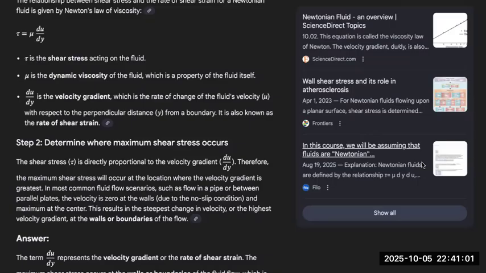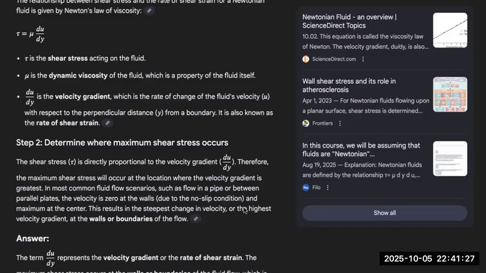Basically, in order to find the maximum shear stress, we have to find the maximum velocity gradient in this case. And the maximum velocity gradient will be the location where the velocity gradient is greatest. So in most scenarios, this is where there is the steepest change in velocity or the highest velocity gradient.